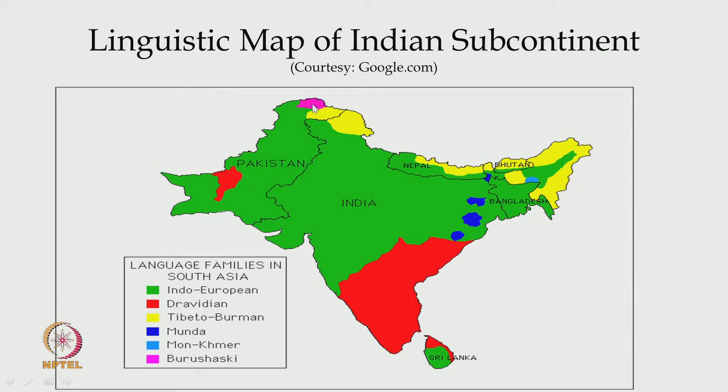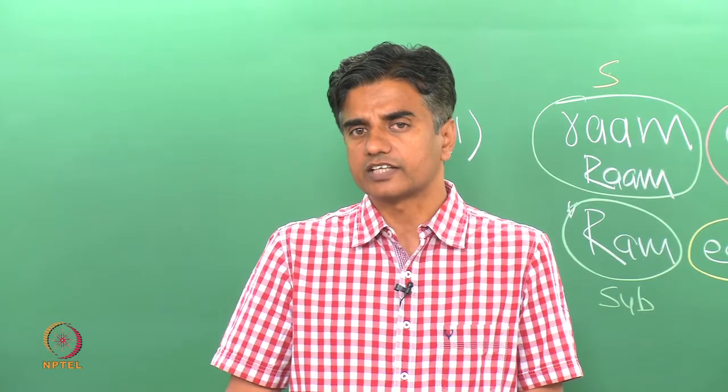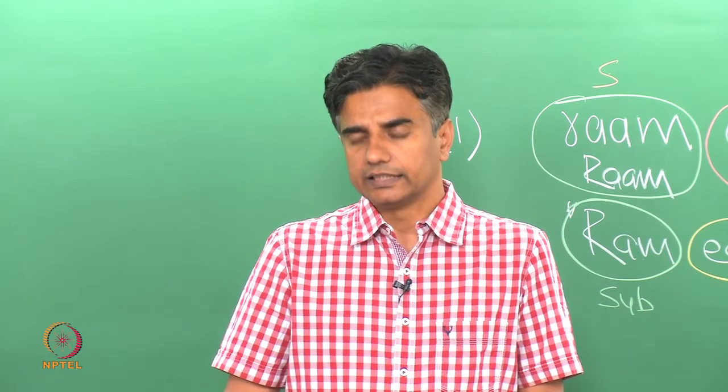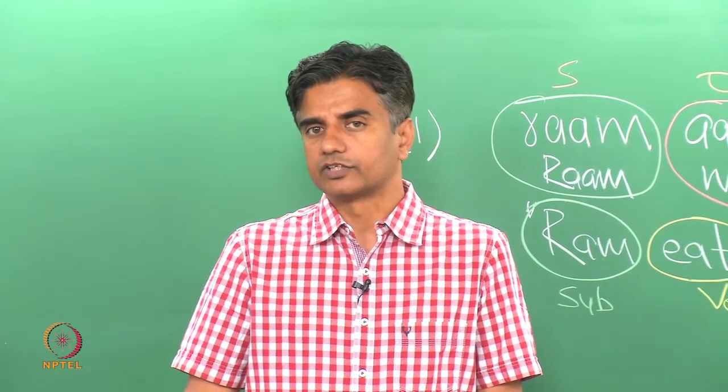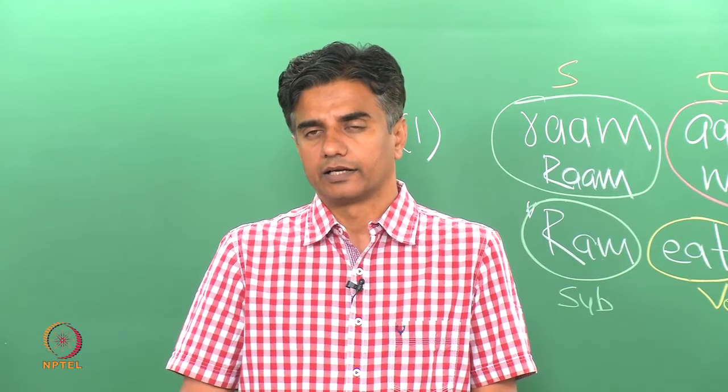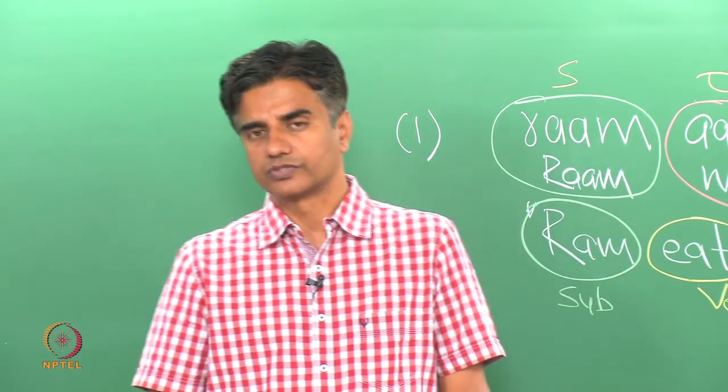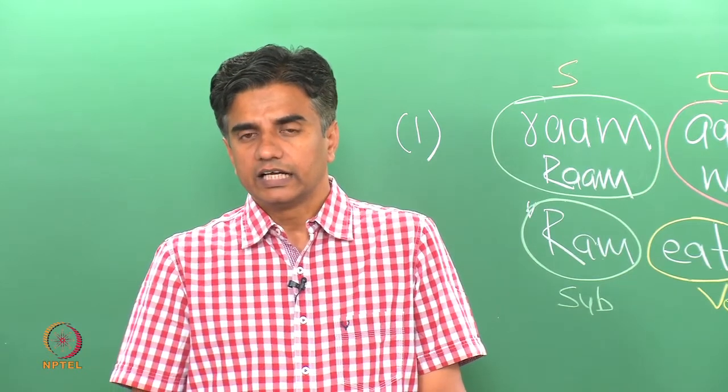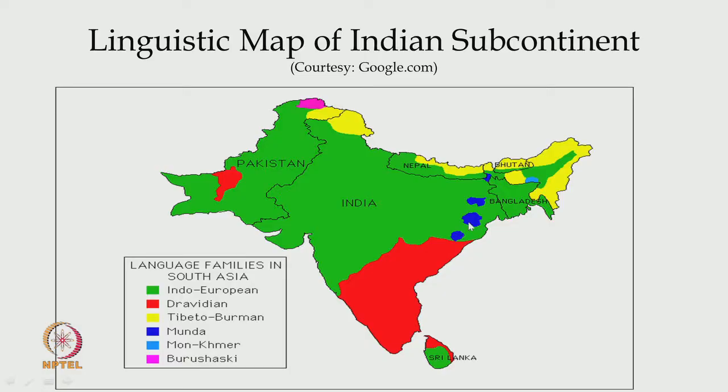You see a pink mark here, this marks Brahui, and there is a debate that there is not much of a difference between the pink mark and the red mark, in the sense that this is also one of the Dravidian languages. Interesting to note here are these blue patches, they are indicative of Munda languages, and then the yellow patches are indicative of Tibeto-Burman languages, which are this part of Arunachal Pradesh, Nagaland, Mizoram, Manipur and Tripura.